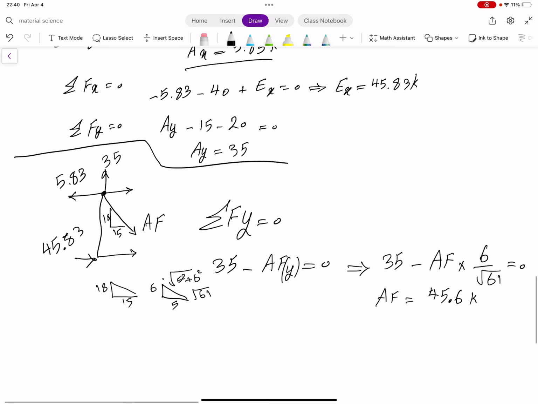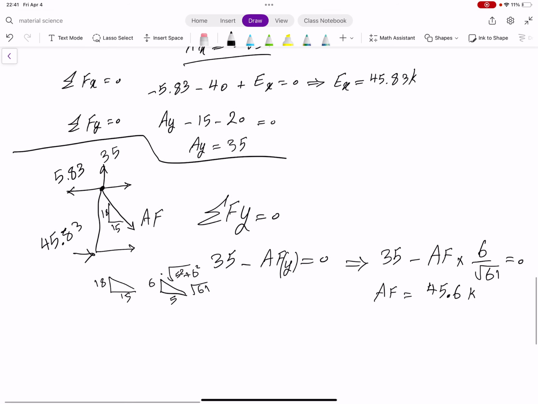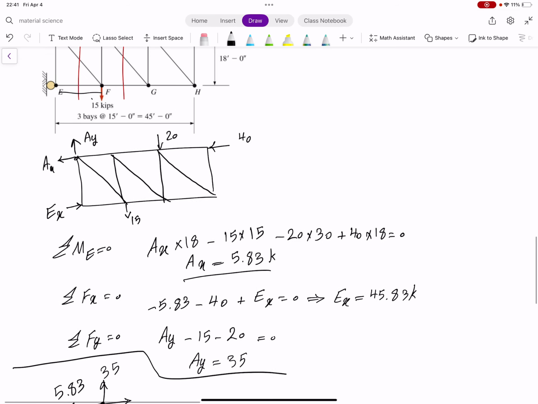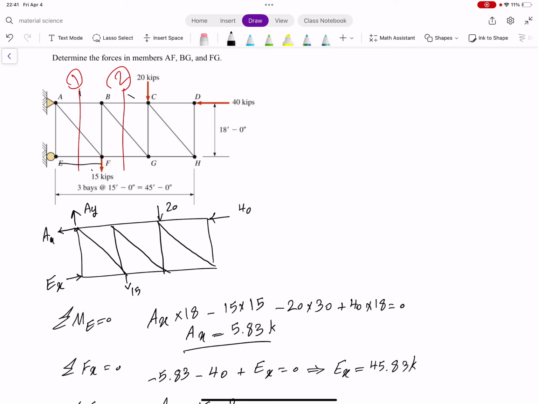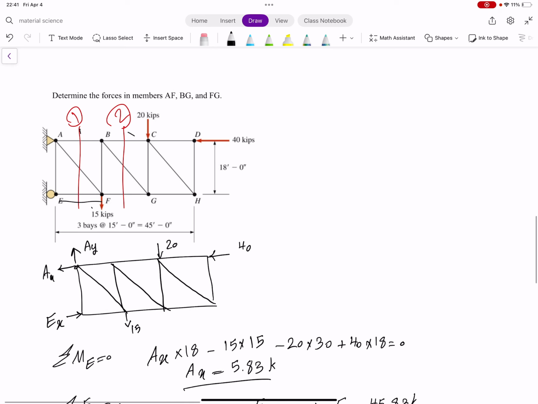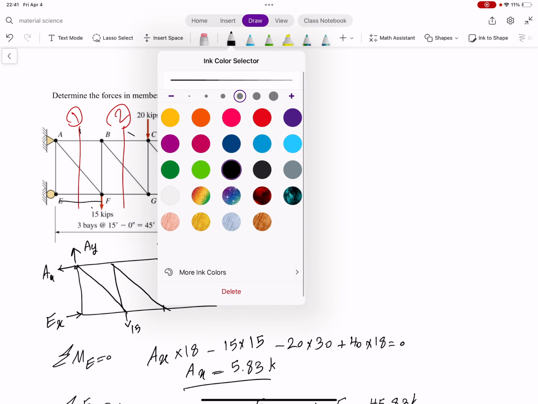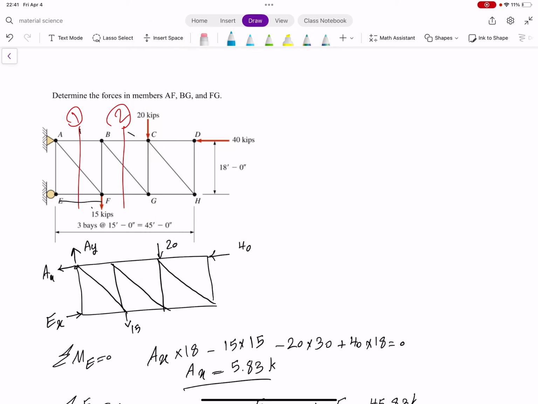Okay, so I found my AF here. So this is the first one. Now I'm gonna use the cut 2 to find the other forces. You see, in the cut 2, I can use this portion. I can also use this portion.